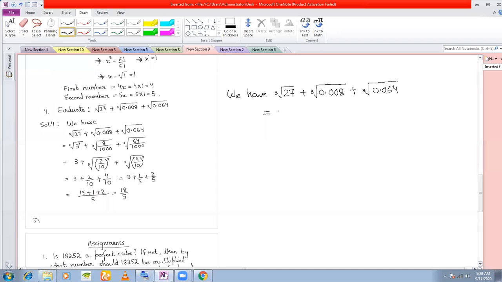Cube root of 27. You know 27 is 3 cube. So you directly write 3 cube. And you have a decimal number here. So you change this decimal number to a fraction. So 8. And how many zeros? You are shifting how many places of decimal here? 1, 2, 3. So you'll have 3 zeros.